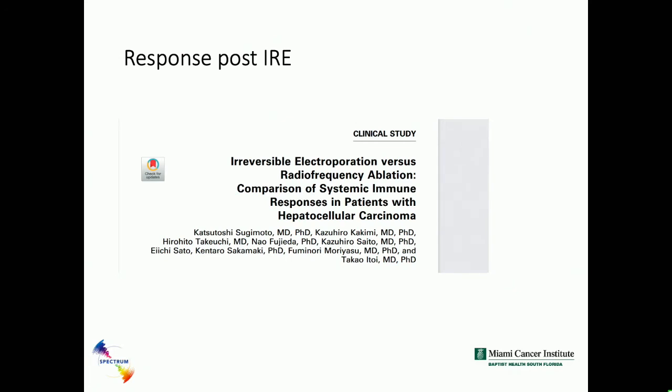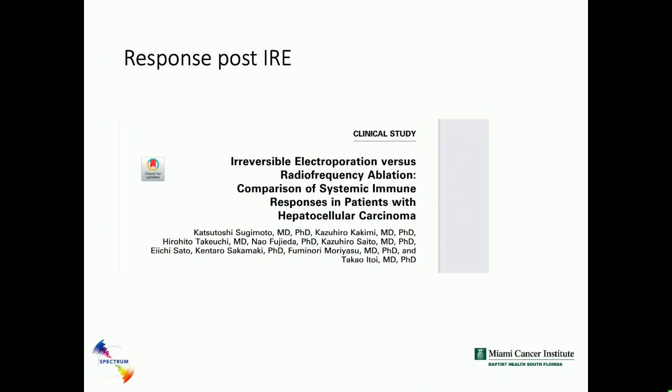So the response to IRE was studied by Professor Sugimoto in Japan, where they had 21 patients in the liver where they used both IRE and radiofrequency ablation. 10 of them had IRE and 11 of them had RFA. They looked at the immune response after these ablations.